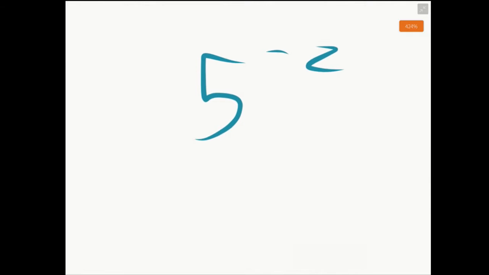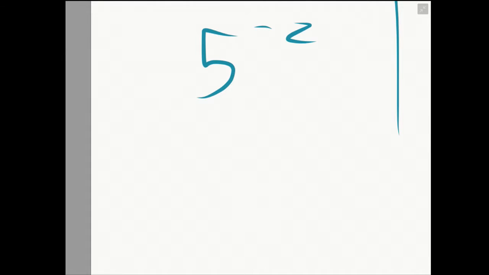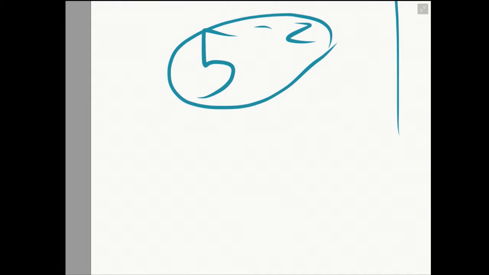So let's start off with 5 to the power of negative 2. So what are we going to do here? Well, quite simply, we're going to take the reciprocal of the base, and that will erase the negative.